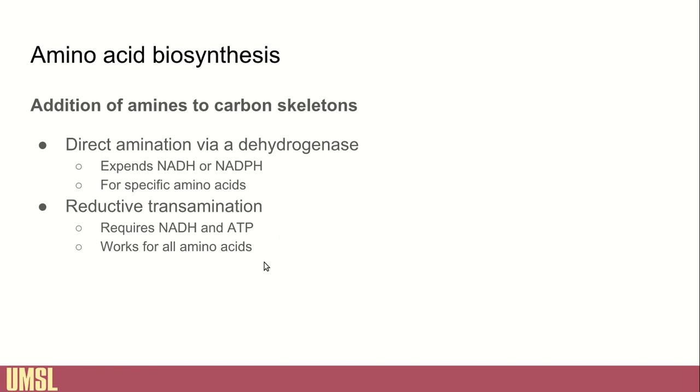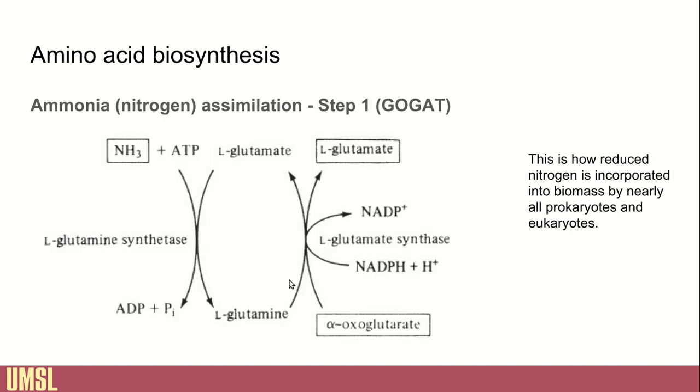So ultimately, both of these processes happen, but this reductive transamination process works for all amino acids, and is conserved not only in bacteria and archaea, but in all living things. And so this is one of the ways that ammonia, nitrogen, is assimilated into cells.